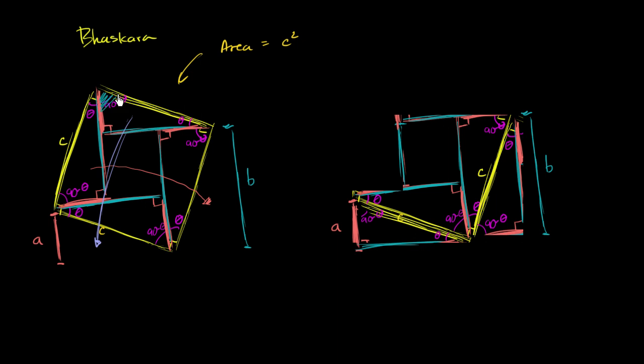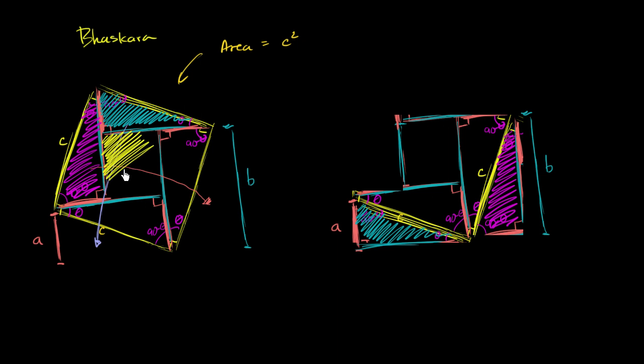So this triangle, let me color it in, is now right over there. And this triangle is now right over here. That center square, and it is a square, is now right over here. So hopefully you can appreciate how we rearranged it.